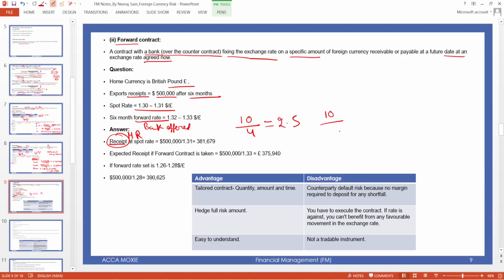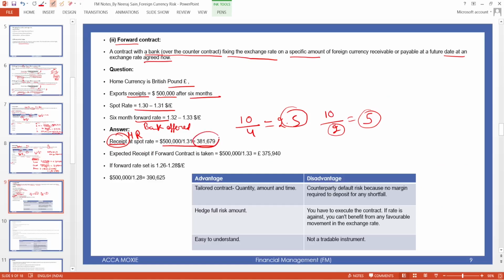But 10 divided by 2, which means if we are dividing by a higher amount, then we will get a lower amount. But if we are dividing by a lower amount, we are getting a higher amount. I hope you can understand this basic math. Okay, we convert that at the spot rate.